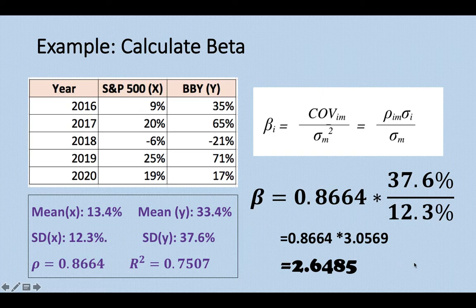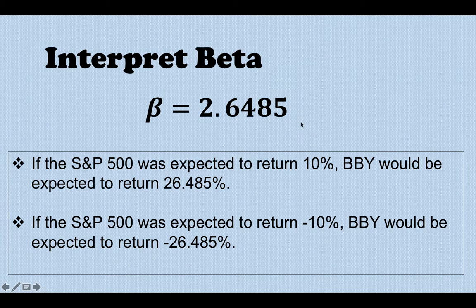To interpret beta, we say Best Buy has a beta of 2.645. What you can quickly interpret is, if the S&P was expected to return 10%, Best Buy would be expected to return 26.45%.